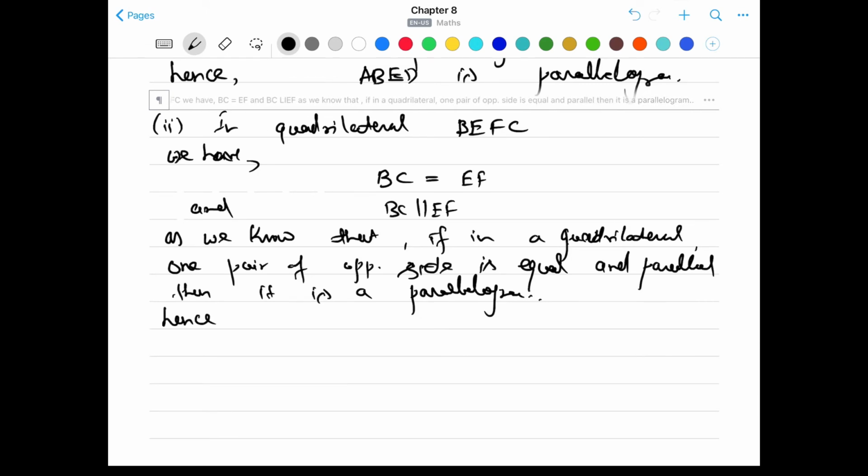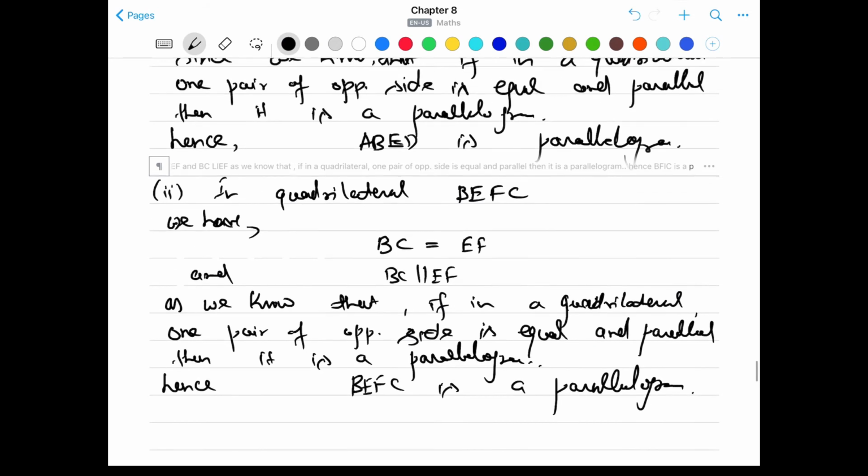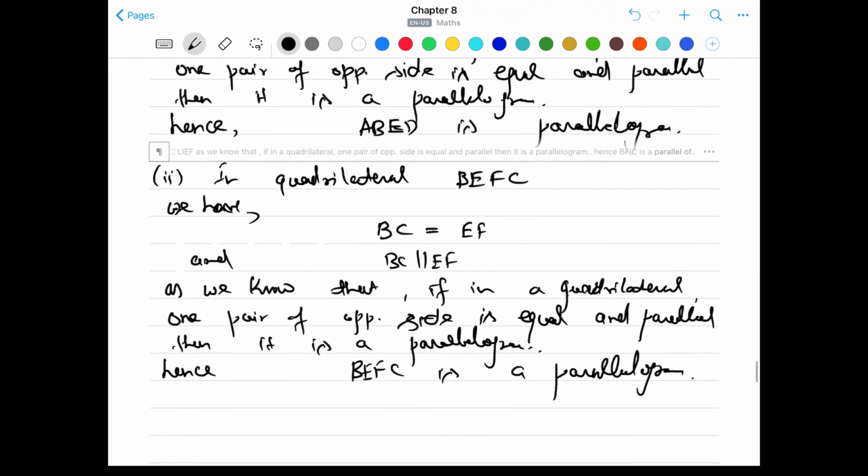Okay, hence BEFC is a parallelogram, that too by using theorem 8.8 directly.